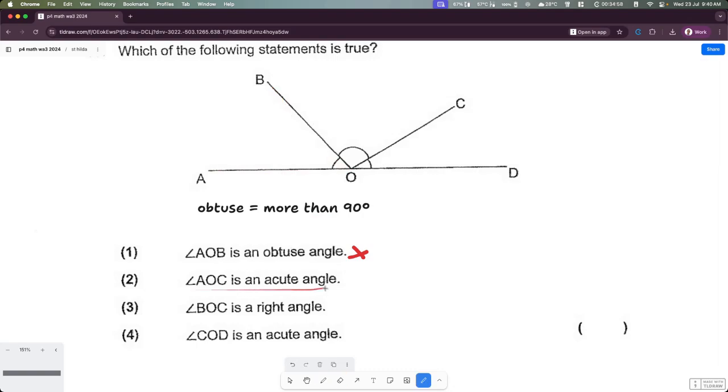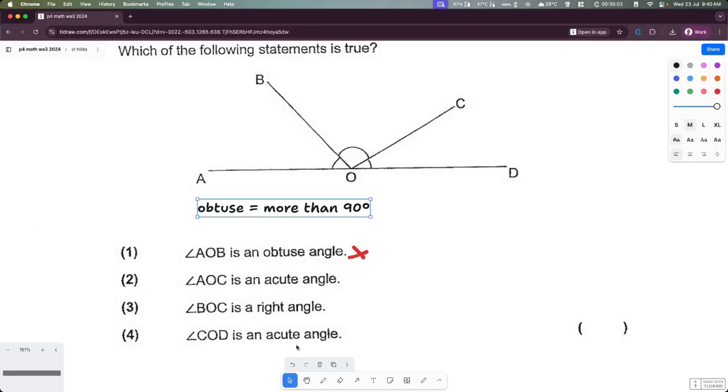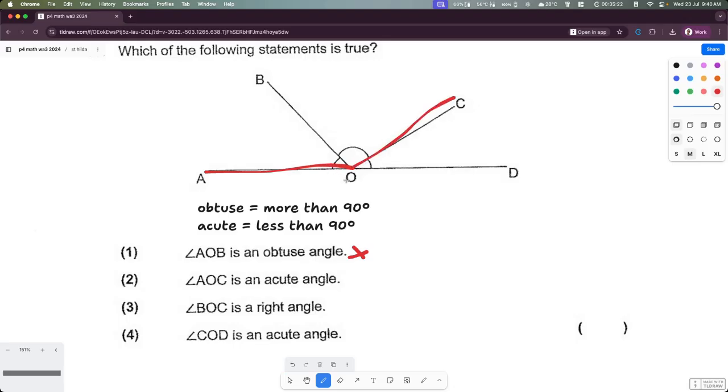AOC is an acute angle. So what is an acute angle? Acute is less than how many? 90 degrees. Acute is less than 90 degrees. So let's look into AOC. We have A, O, and then C. Is this more than 90 degrees?